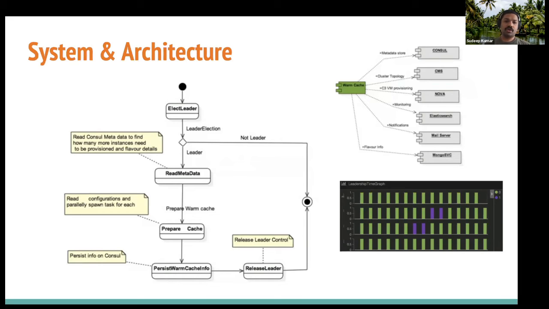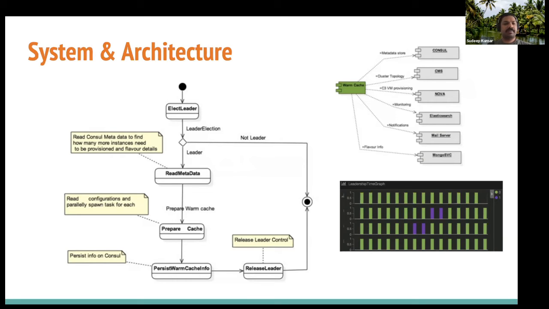So as the capacity team adds new infrastructure, those infrastructure rules are captured onto Mongo. We briefly touched upon Consul being used for leader election, and that leader is responsible for building the cache over a period of time. There will be multiple leaders that work at any point in time, and they will never overlap with each other. The Consul leader lock helps us do that. When a leader is selected, we read this metadata from Consul and start preparing the cache, and the leader is completely responsible for doing this.